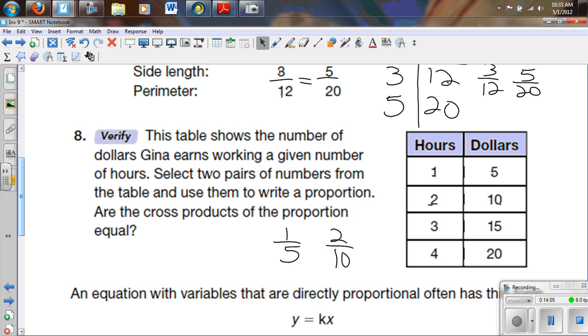Is that the same? Yes. And if we look at cross products, 5 times 2 equals 10 times 1. But we can also say 5 times 2 is 10 and 1 times 2 is 2. So we can look at it two different ways, by looking at the cross multiplication, or we can just look and see, are they proportional?